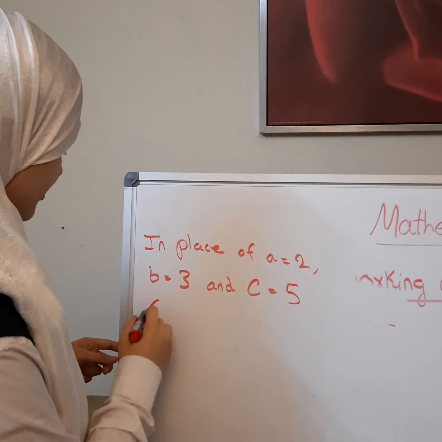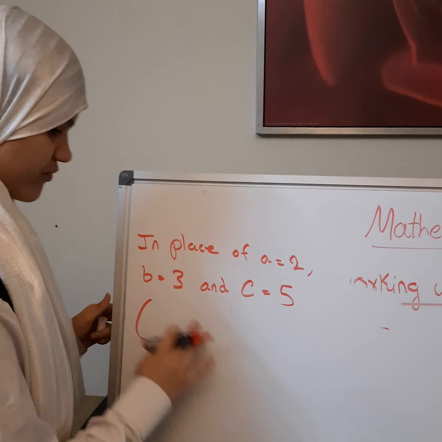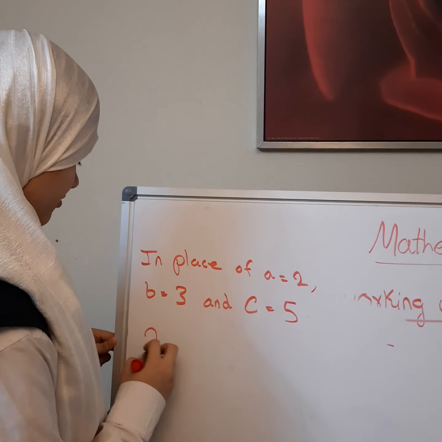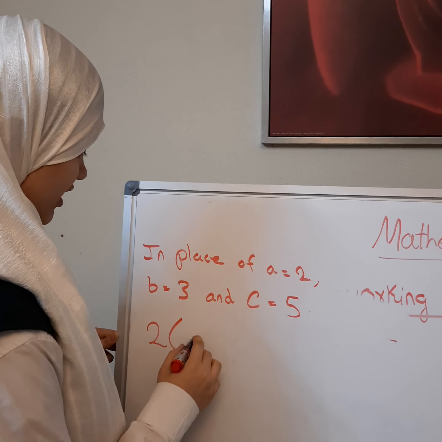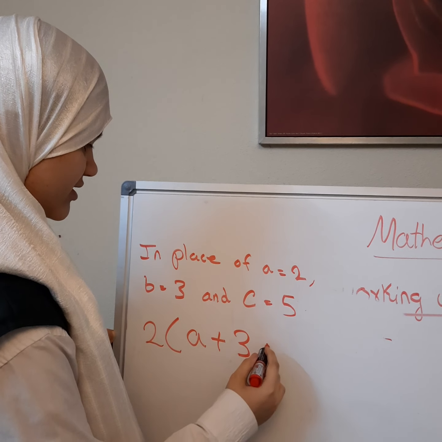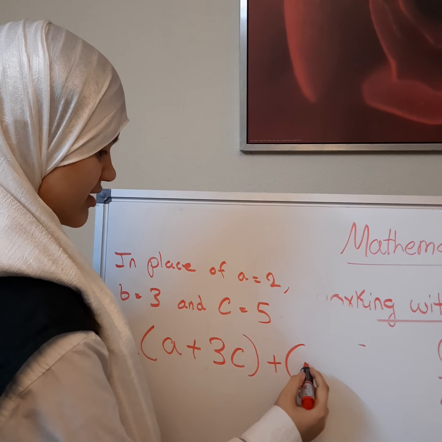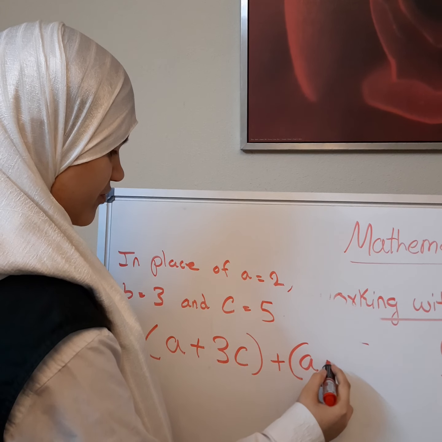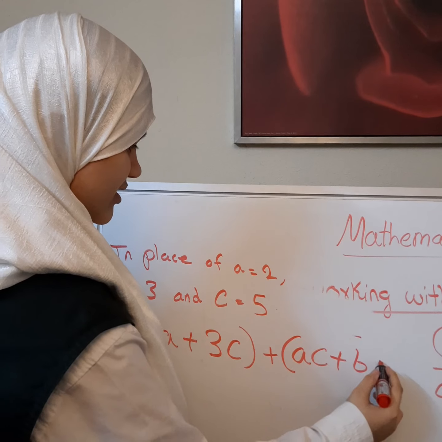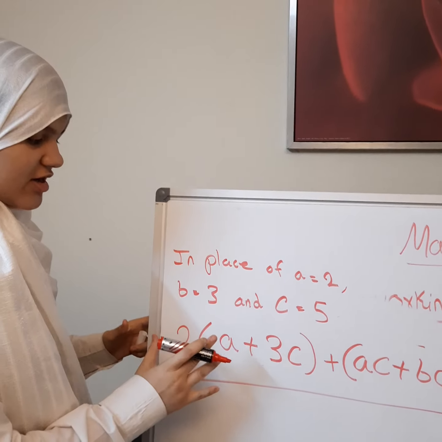And here we have the question itself, for example 2(A + 3C) + AC + BC. Okay? How will we do it?